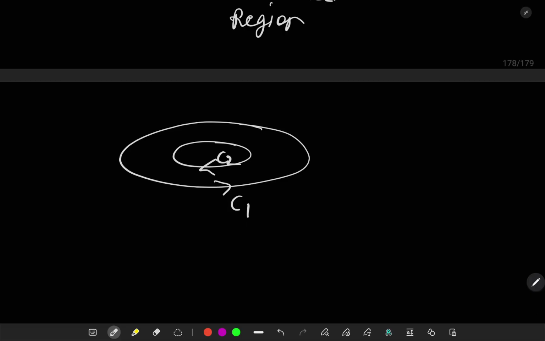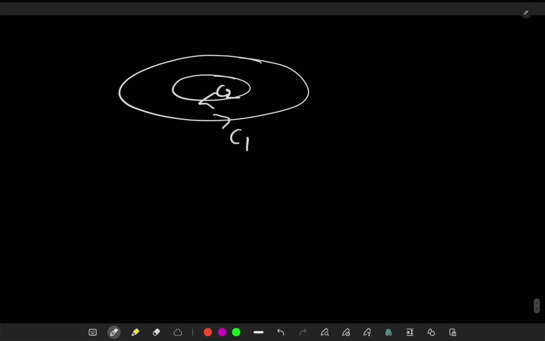Now meromorphic region. For a region R, if the function is analytic in the region R except at a finite number of poles. Now a single valued function has only one value.